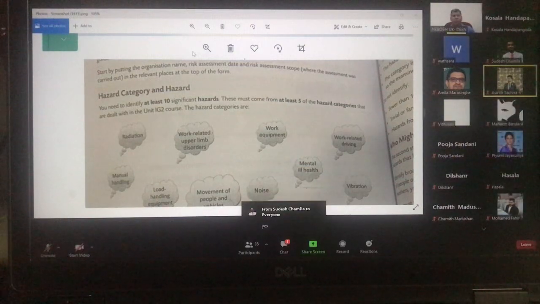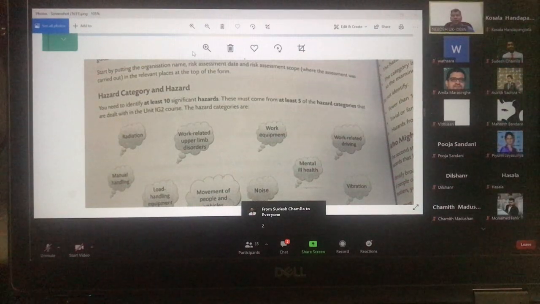Yes. How many books did you receive? It's 2 books. One for IG1 and one for IG2. In that IG2 book, you can see this page. It's there, in the IG2 book, this page.